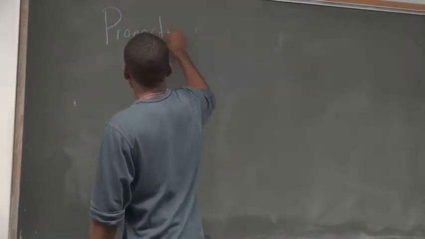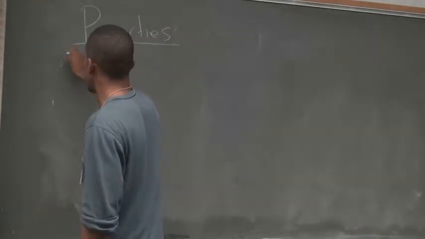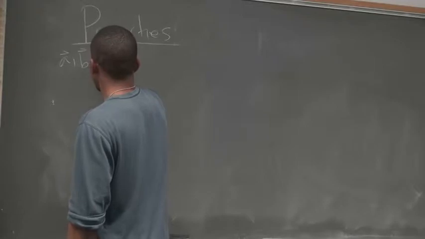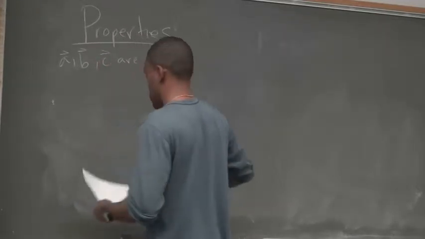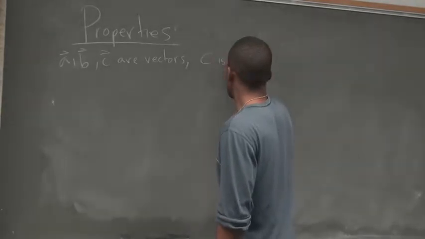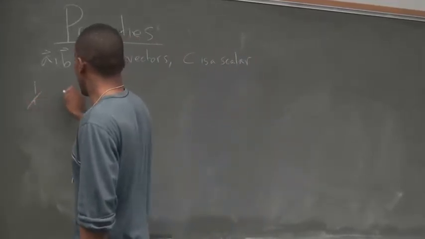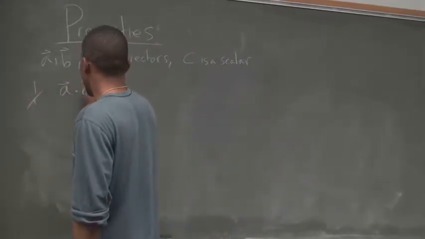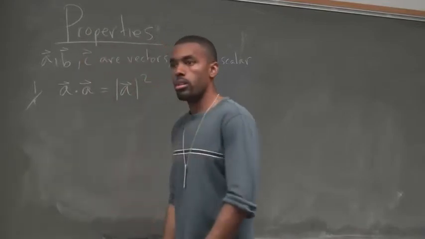Properties, right? Some algebraic properties. So let's say A, B, and C are vectors, and C is a scalar. Then the following are true. If you take a vector dot product with itself, you actually get the magnitude of that vector squared.